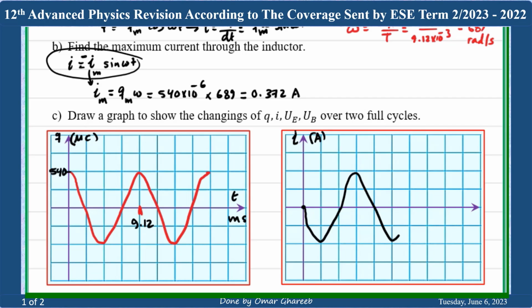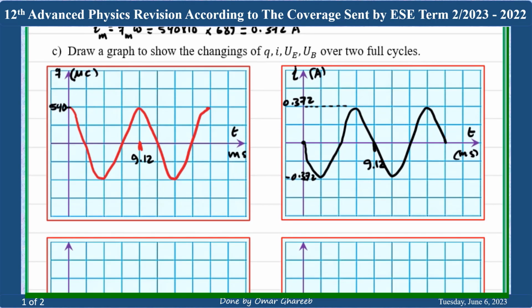It is a sine wave, or a minus sine exactly. Now this is the period, 9.12 in milliseconds, and the maximum current here is 0.372. Here minus 0.372.